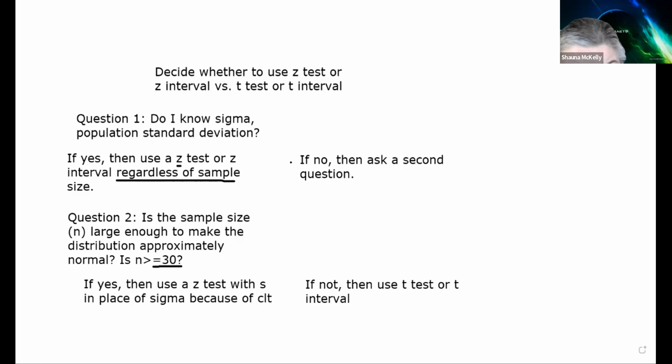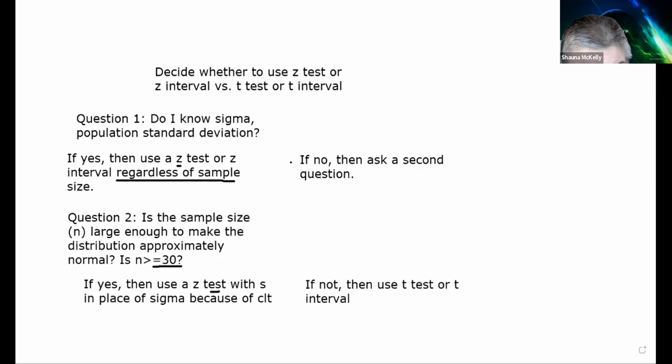And if you say that n is greater than 30, but you don't know sigma, Blumen would say this, but your book seems to be saying use a T for this. So you have to find out about those couple of things.